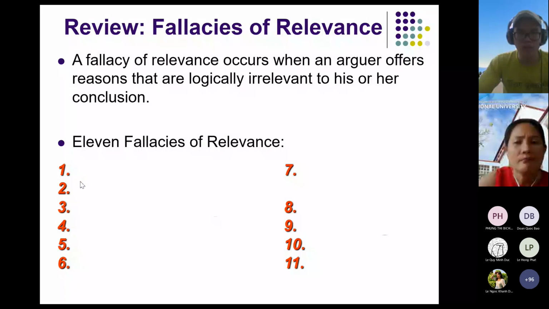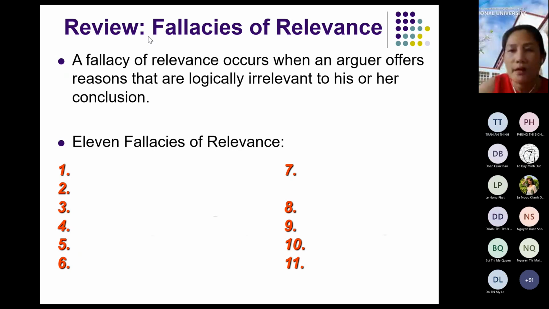Because my internet network is unstable and too weak. Right, you can turn off the camera, otherwise you cannot follow the lecture. Thank you. Anyone else want to support Thuận? Thuận already named 5 types of fallacies, but not in order, that is why it's difficult to remember.